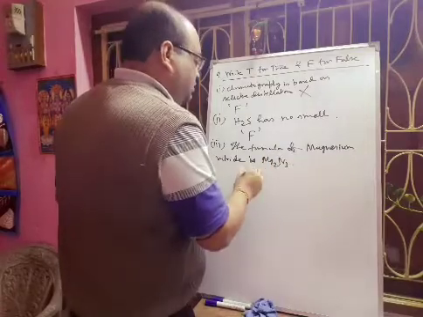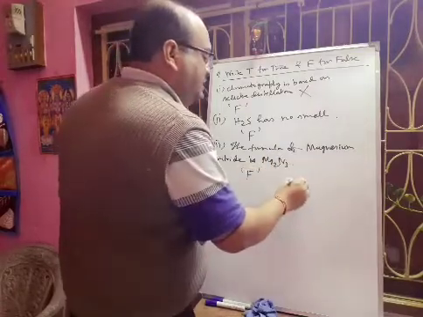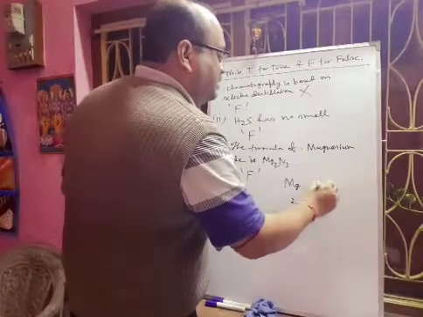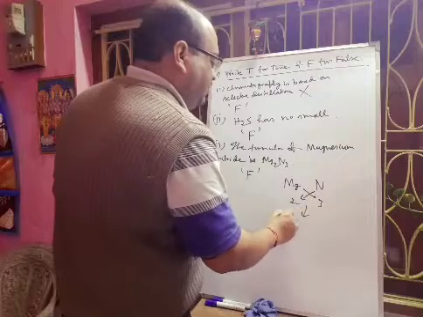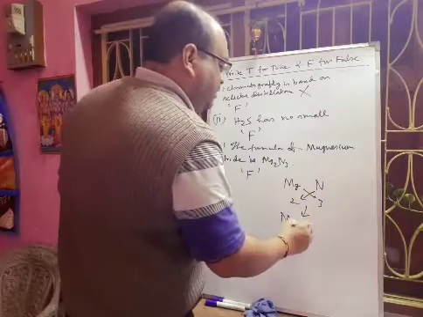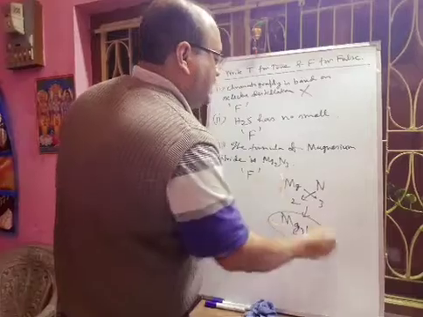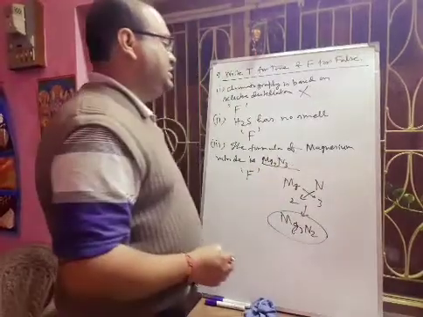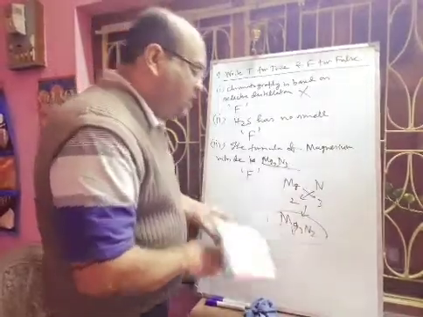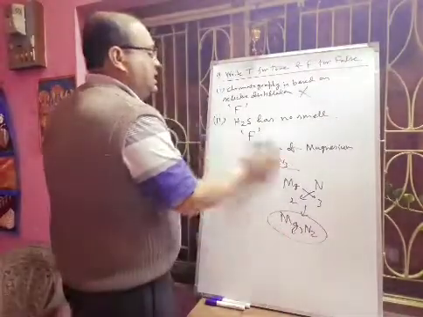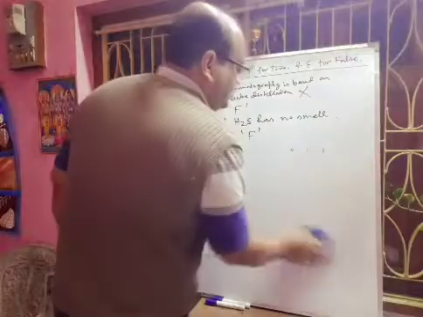This is also false, because you know that magnesium valency is 2 and nitrogen valency is 3. So by the criss-cross method you will get the formula of magnesium nitride, that will be Mg3N2. But here it is written Mg2N3. So this is incorrect. So in this way you have to write which one is true and which one is false, and you can give the correct statement.